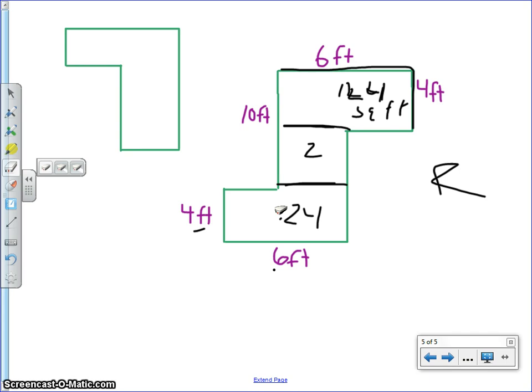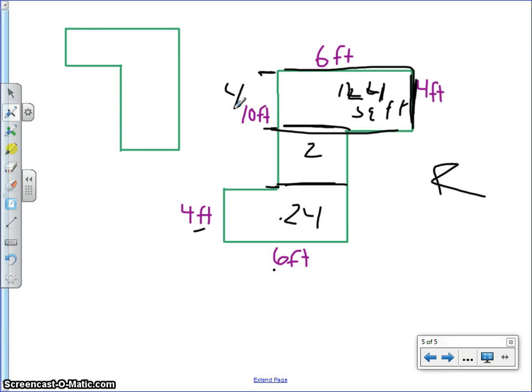I can figure this out because I know the measurement from this top part here to this corner is 10. Well, because this side over here is 4, this imaginary line I drew right here, I can tell from here to this imaginary line is also going to be 4 because of what we have learned about rectangles.